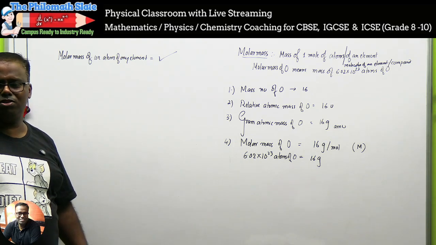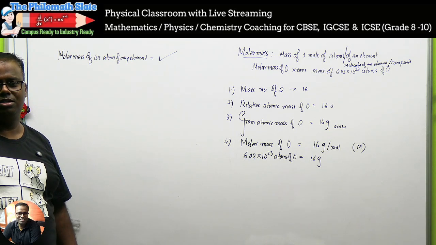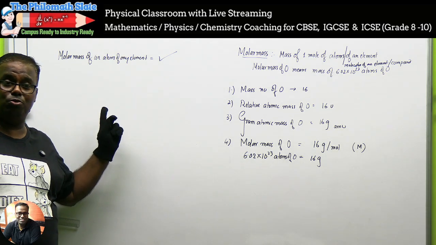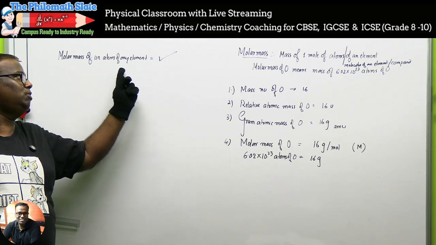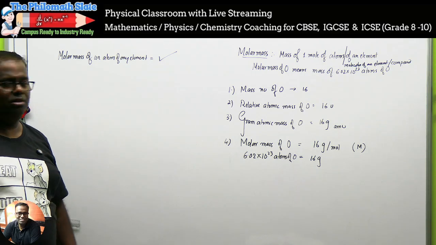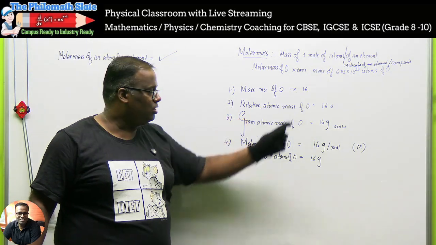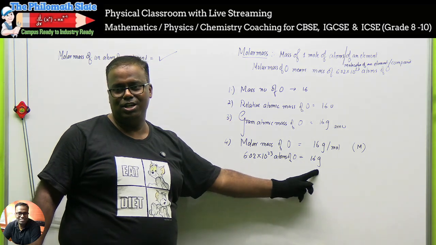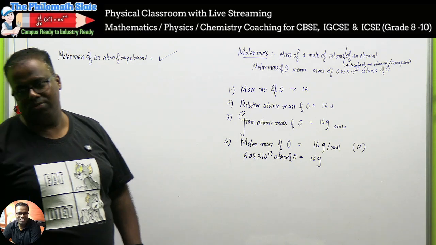What is the molar mass of sodium? 23 point something grams. Pay attention, this is very clumsy. Molar mass of an atom of any element is known to you. How? Periodic table. Look at this. If oxygen is 16, oxygen's molar mass is also 16. How much is sodium? 23. We take it as 23.